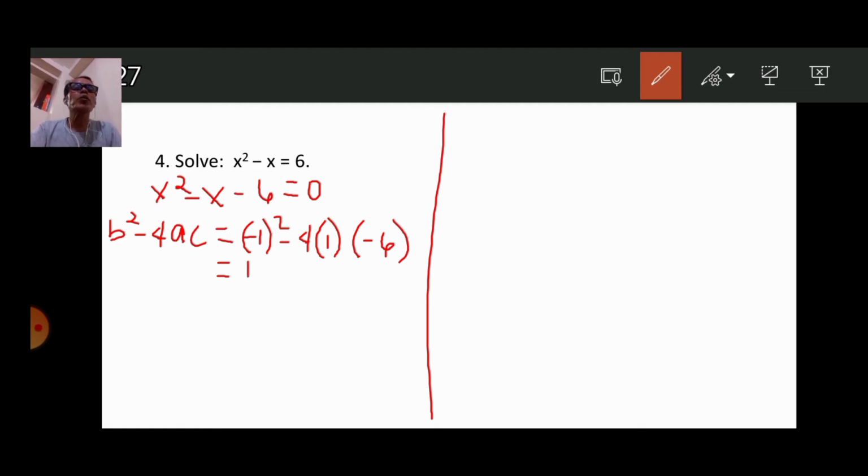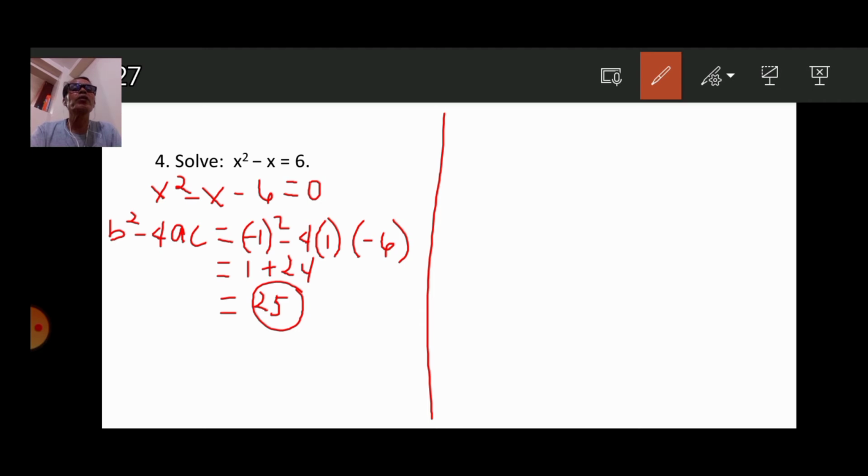Negative 4 times 1 is negative 4, times negative 6 is positive 24. 1 plus 24 is 25. Now 25 is greater than 0 and a perfect square. You can get the square root of 25, which is 5.